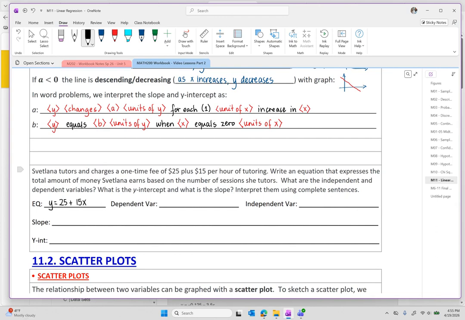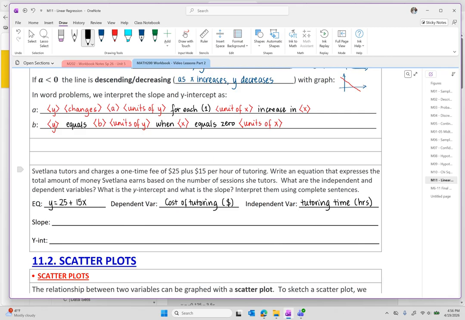The dependent variable is the cost of tutoring, and the units are dollars. The independent variable is the hours of tutoring. I should say tutoring time. And the units are hours.